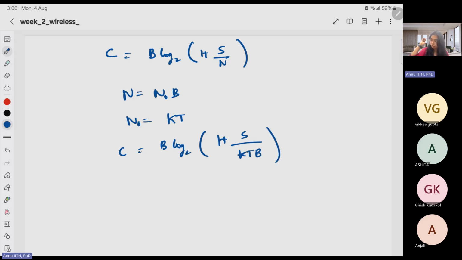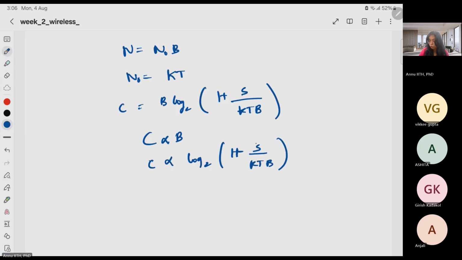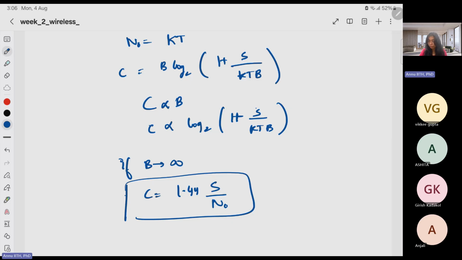What you can see is that C is not only directly proportional to B, but also to log2(1 plus S by KTB). So what you get is, if B tends to infinity, C tends to 1.44 S by N0. It's not infinity; C tends to this.